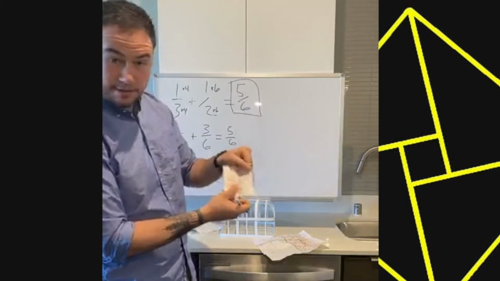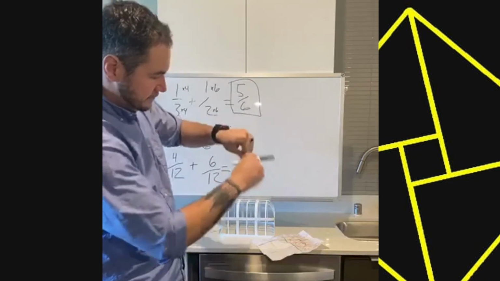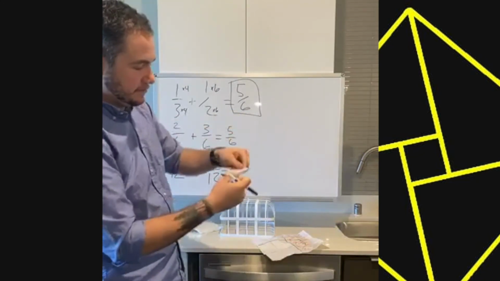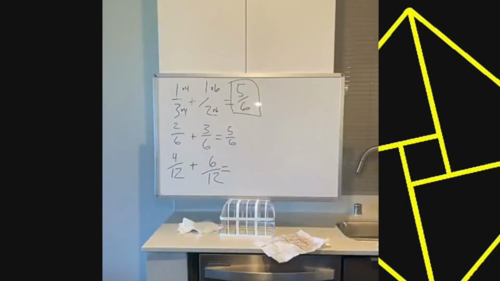Cool. So now that is the only portion showing, and you fold that in half. Now all these edges are already done for me because we went over this the other day, but when I fold it in half again, I turn it into 12. So times it by 2.